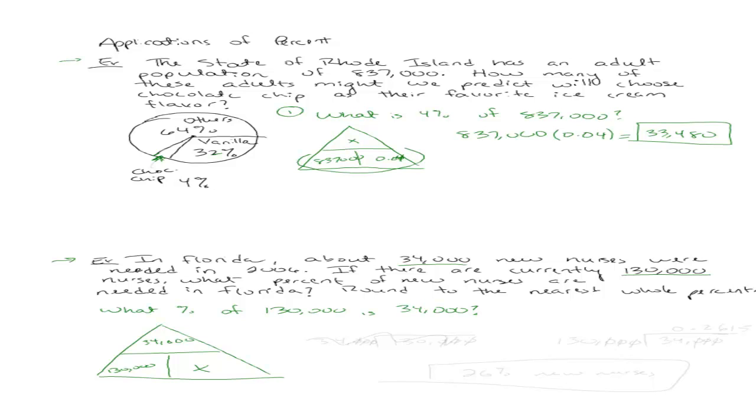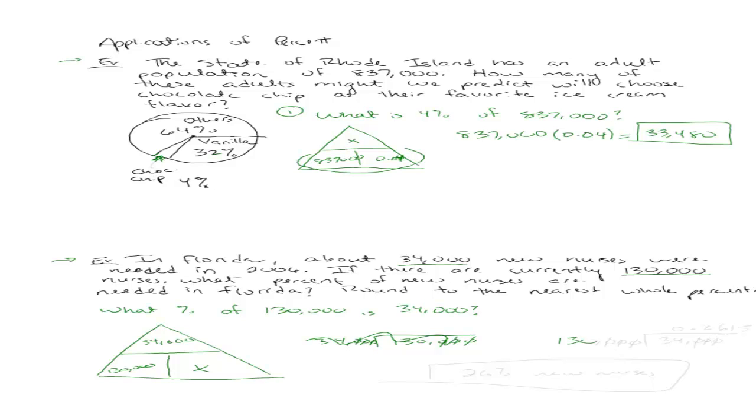So now all I need to do is divide 34,000 by 130,000. Because there are a bunch of zeros, you can cancel out all the zeros.